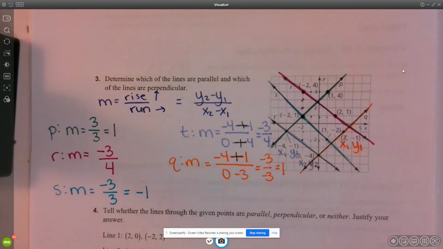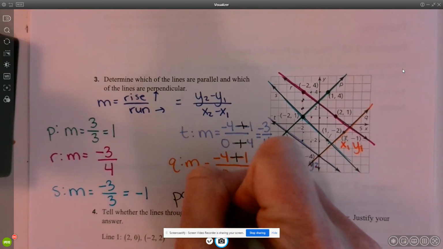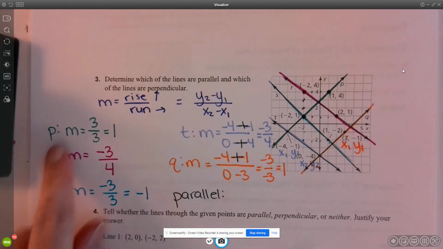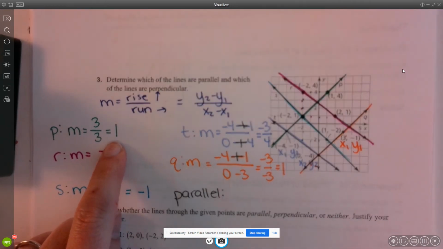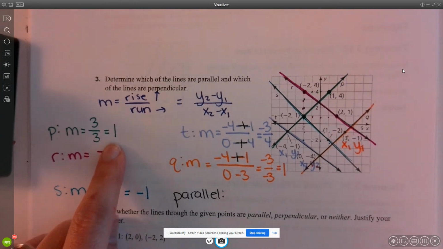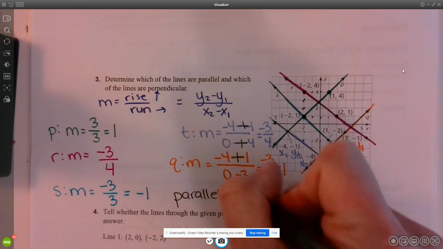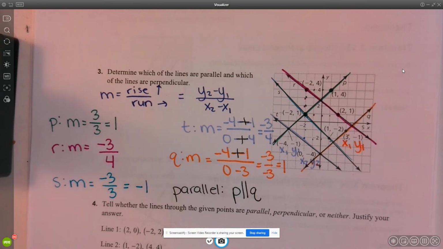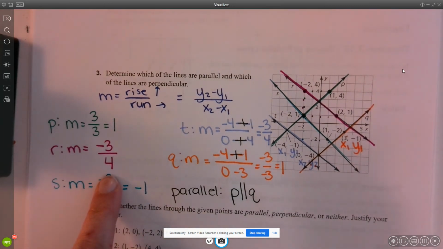Let's go ahead and find which lines are parallel to each other. So to do this, we're looking for lines that have the same slope. I'll start with line P. Line P has a slope of 1. The only other line that also has a slope of 1 is Q. So we know line P is parallel to line Q. If I'm looking at line R, it has a slope of negative 3/4.